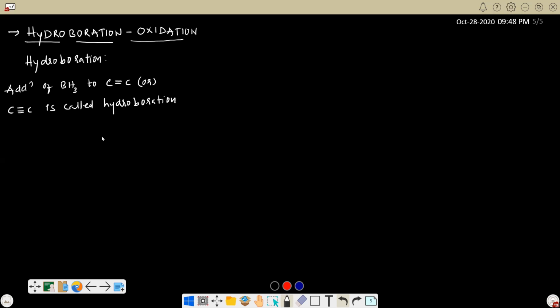Listen carefully. So the first part is hydroboration and the second part is oxidation. So the product here is alkyl boranes. Let me write the reaction. Suppose I take an unsymmetrical alkene, directly CH3, CH, CH2, plus BH3.